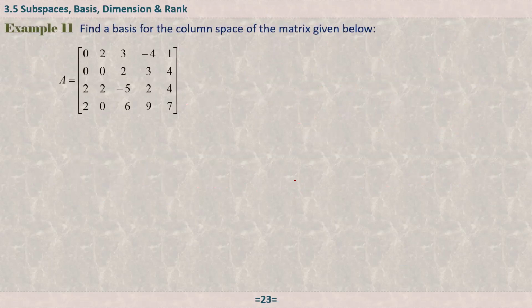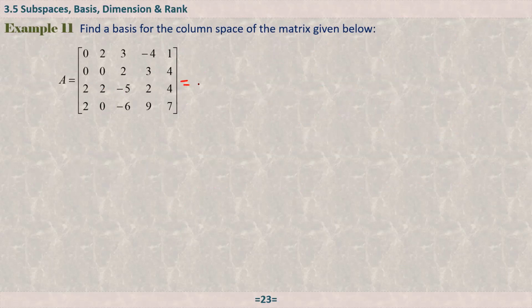Okay, so now we will consider a slightly different example, where we have to consider the column space of a matrix. Let's say we are given matrix A, and we need to find a basis for the column space of this matrix. If you write the columns of this matrix, how many columns does it have? It has 1, 2, 3, 4, 5.